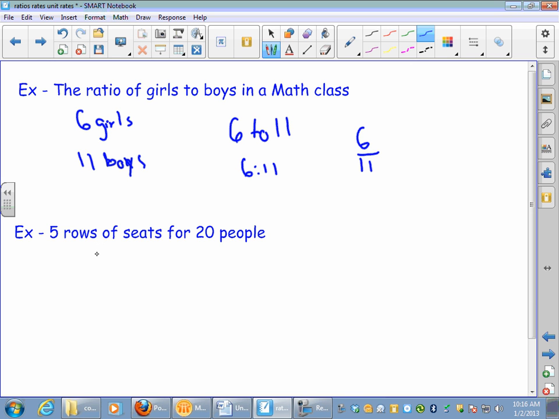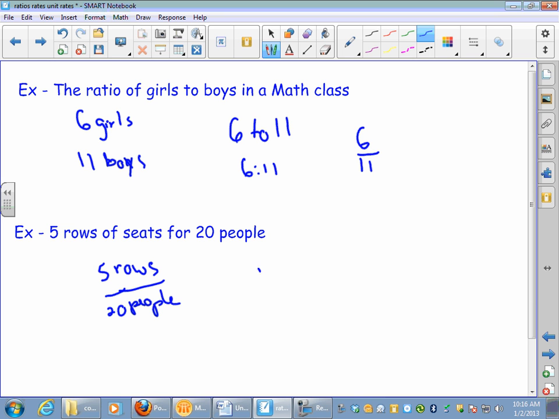Okay, now here's an example of a rate. We have 5 rows of seats for 20 people. So if we wanted to know the rows per people, then that would be 5 over 20.